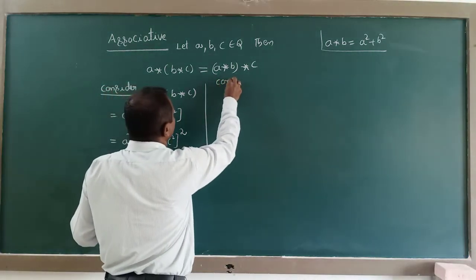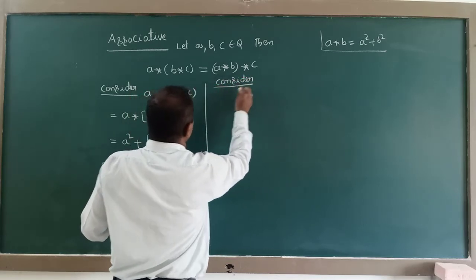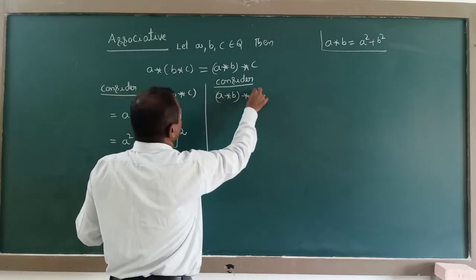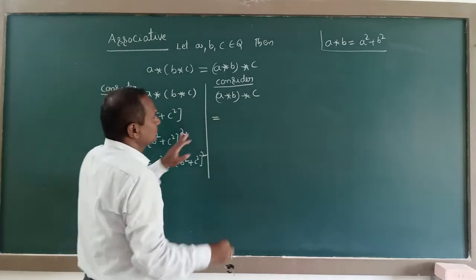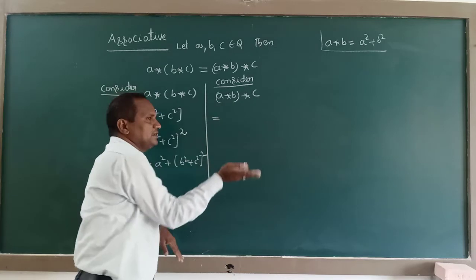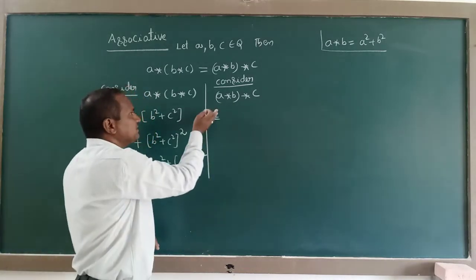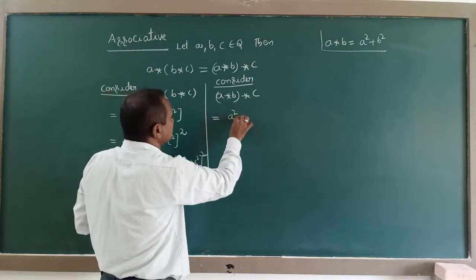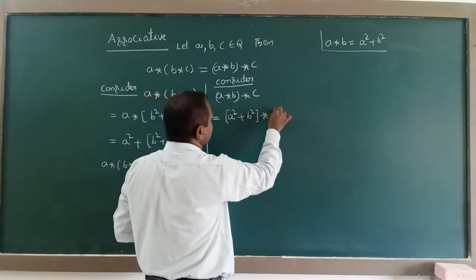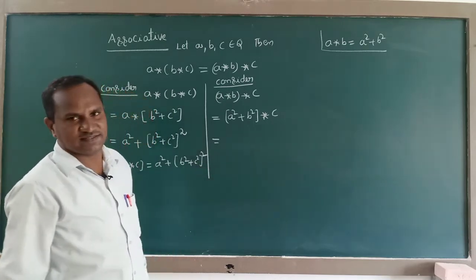Consider A star B of star C. For the first bracket part, we have to apply the given definition. Now A star B can be written as A square plus B square, star C. Once again star has come.